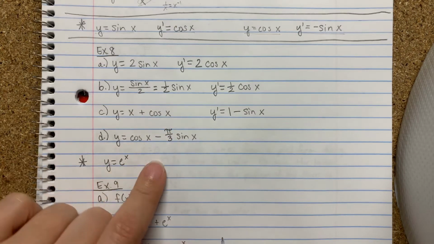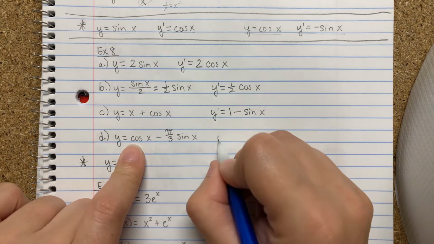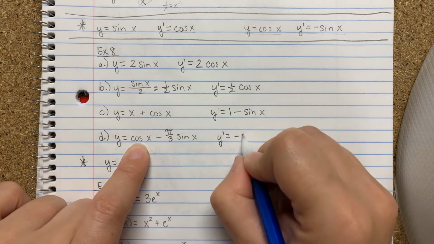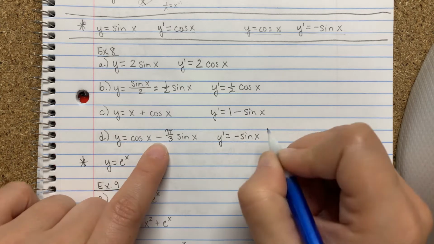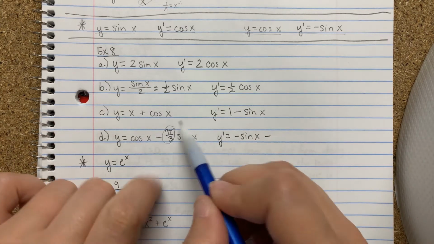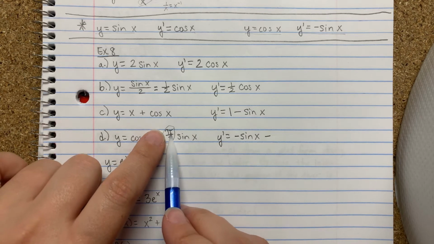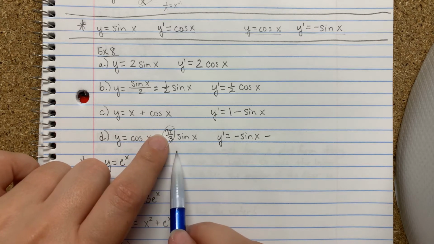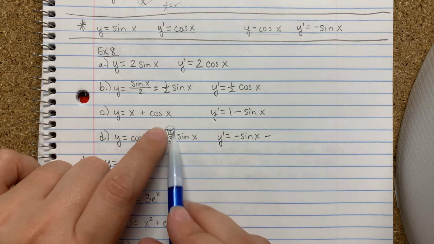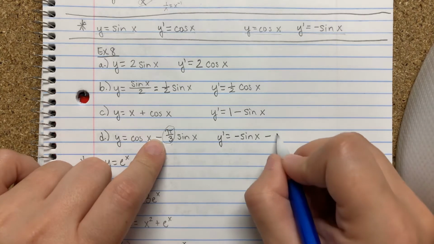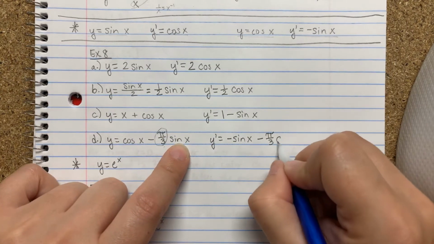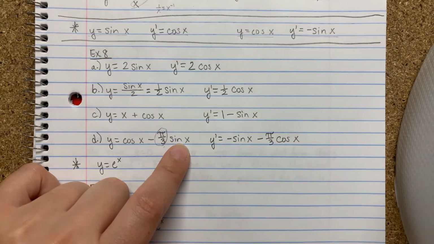This one, y prime equals, my cosine would be negative sine, and then minus, this is just a constant, so make sure you're careful with, anytime people see pi, I think they automatically think, it's a variable of some kind, but it's not. That is a number. So this is a constant, pi divided by 3, so I'm going to leave that, pi over 3, and then the derivative of sine is cosine.